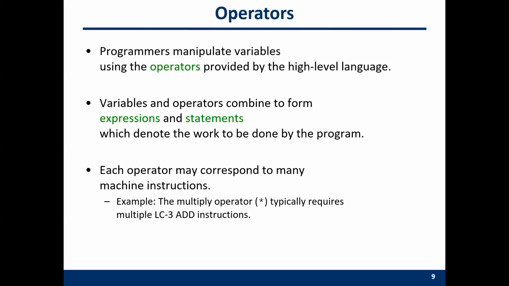For example, here is the multiply operator. In order to support this operator, the LC-3 needs to perform a lot of instructions, because the LC-3 does not support this operator directly. And this operator needs to be done sequentially.